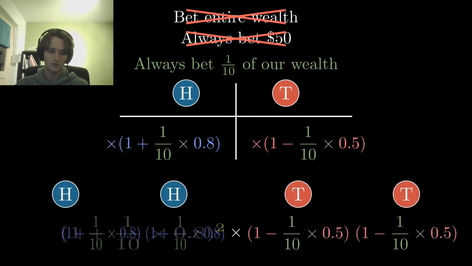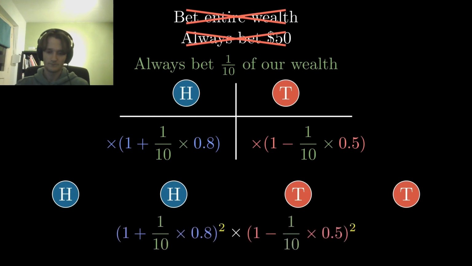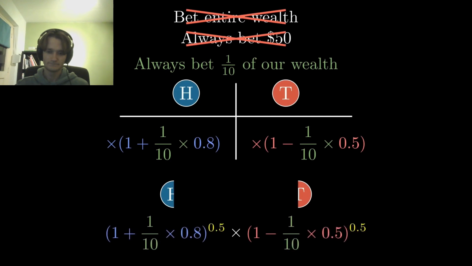Or simply, if we flip 1 head and 1 tail, it would look like this. Remember, our mode and median is flipping half heads and half tails. This expression gives us the expected mode growth rate per coin flip. The mode will be multiplied by 1.013 per coin flip, which is a net gain. By the way, this is called a geometric mean.